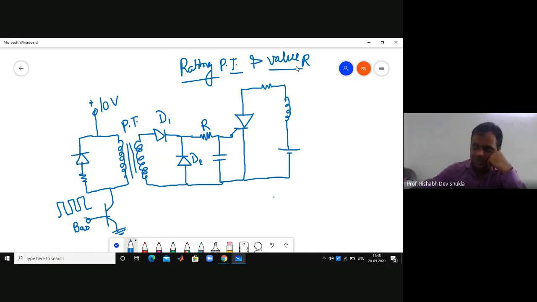According to your question, what is given here? The value of this resistance is 1 ohm. Inductance value is 150 millihenry. Supply voltage is 200 volt, this positive, this negative.